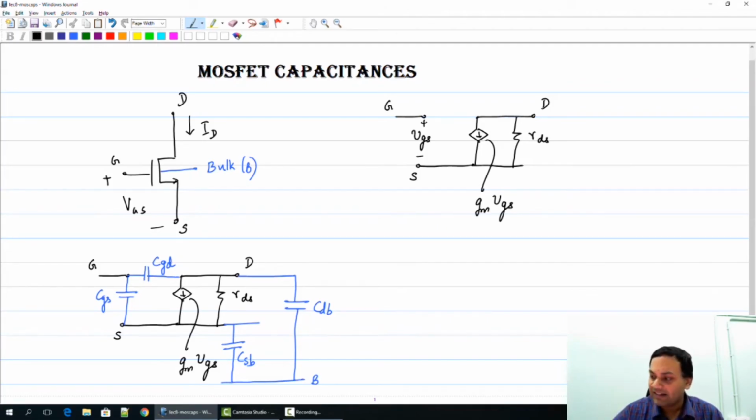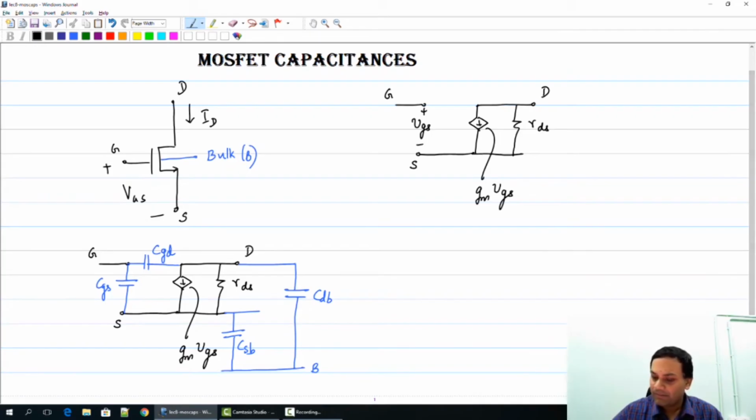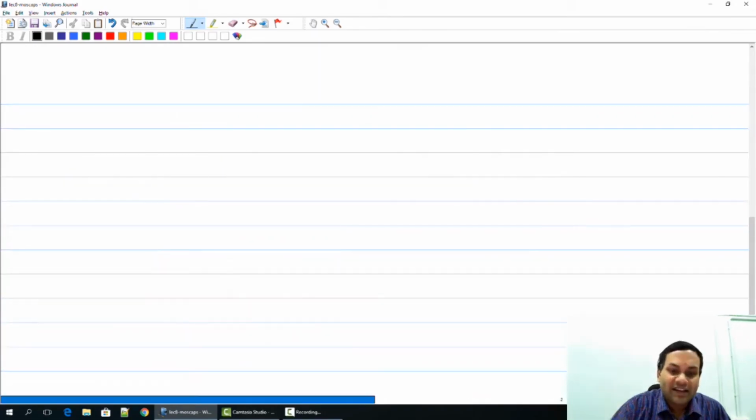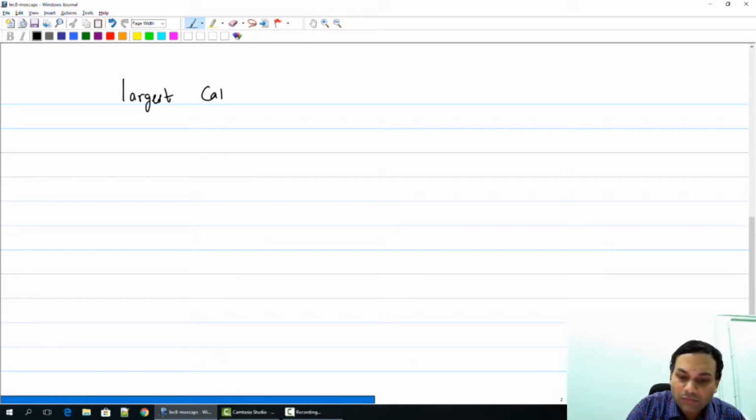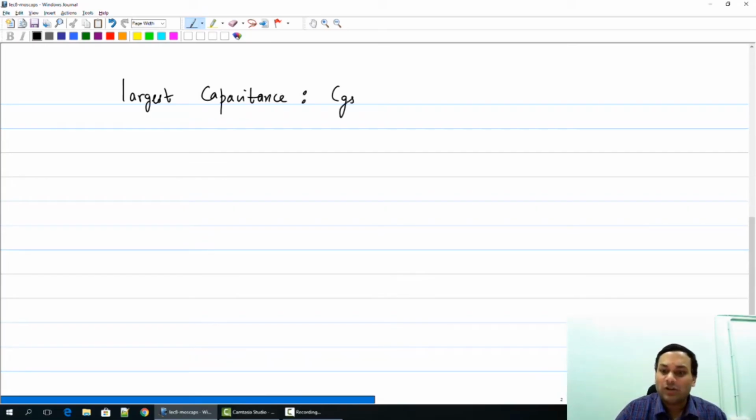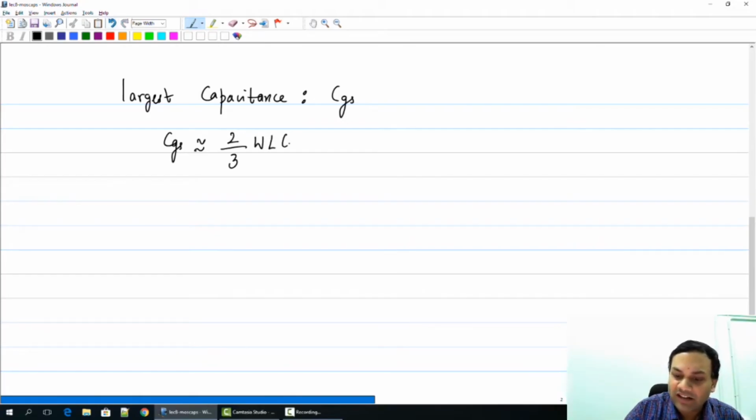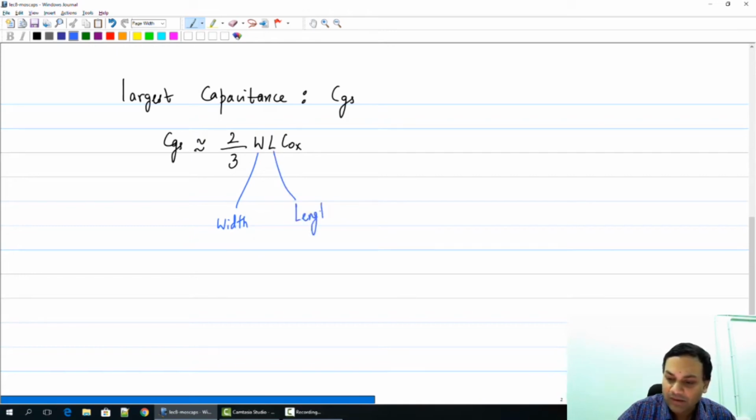The thing we need to remember is that the largest capacitance associated with the MOSFET is CGS, and in saturation this CGS is approximately equal to 2/3 W times L times Cox, where W is the width of the gate of the MOSFET, L is the length of the gate of the MOSFET, and Cox is of course the oxide capacitance per unit area.